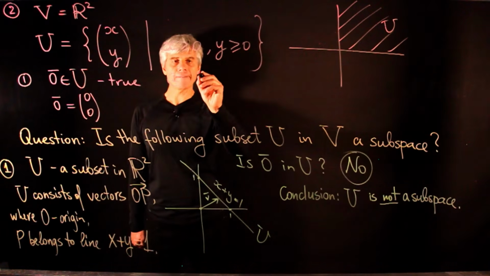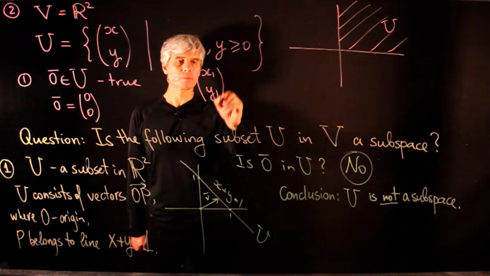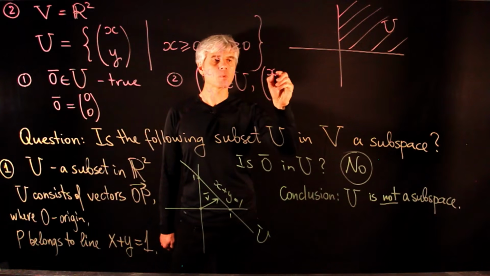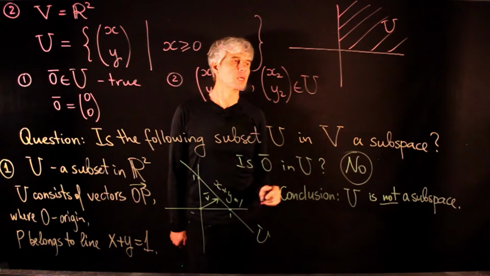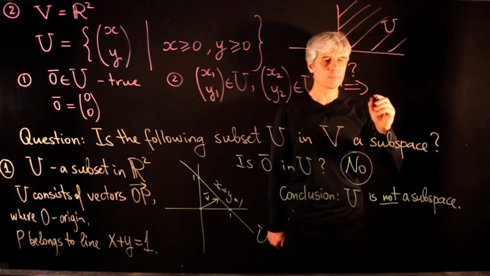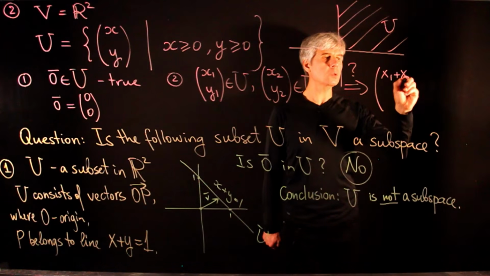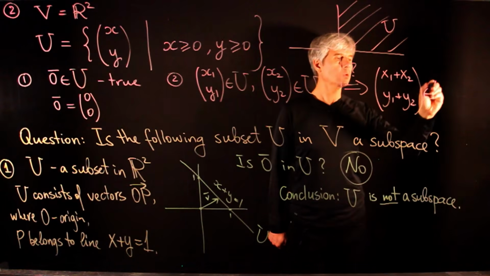The second property is closure under addition. So if we have (x1, y1) in U, and we have (x2, y2) in U, is it true that their sum, which is going to be (x1 plus x2, y1 plus y2), is in U?